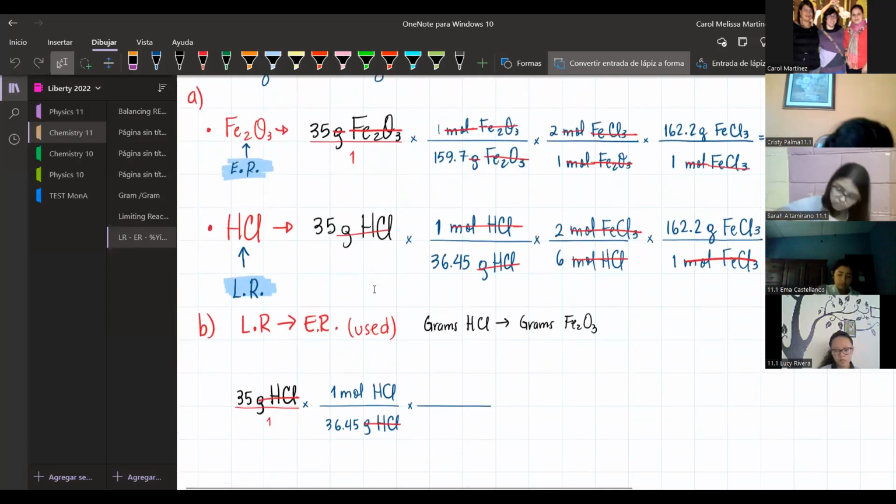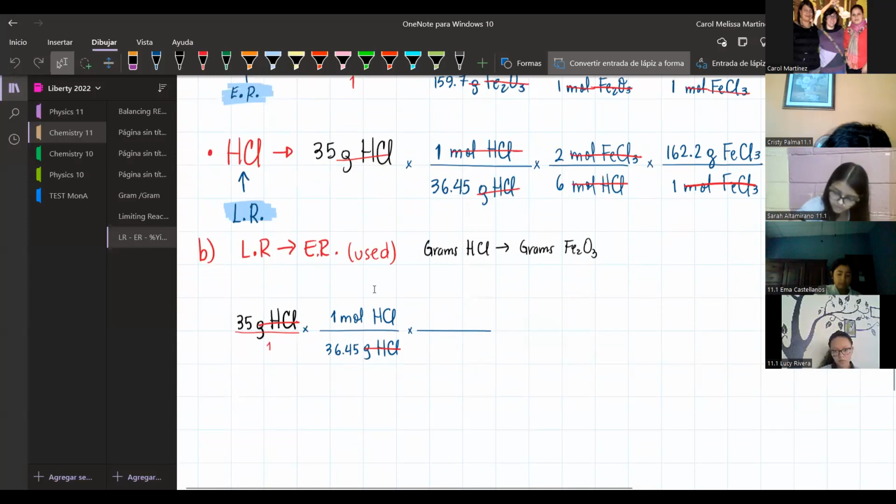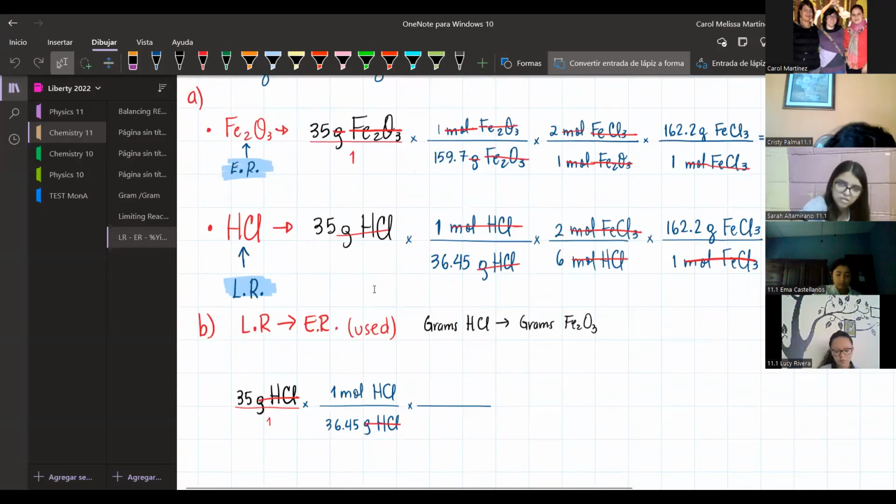Up or down? Down, because our moles of HCl, you can cancel. Exactly. There are moles of HCl, so it has to be down. Now, 6 moles HCl, and above, invisible 1 mole of iron 3 oxide.